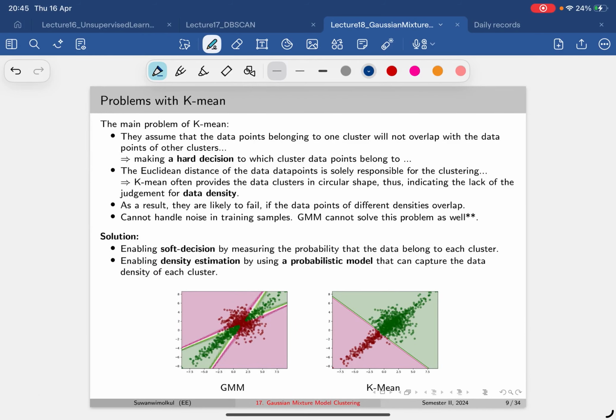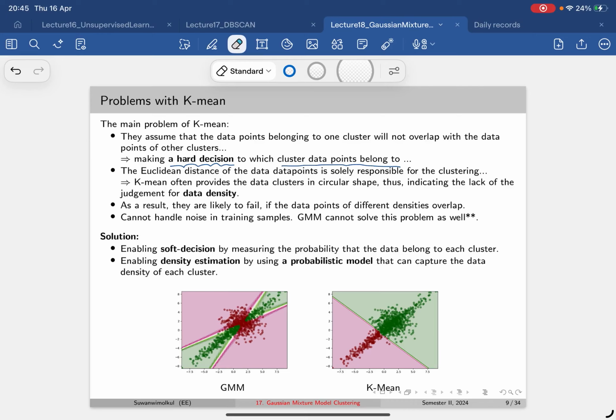We will go over that in a moment. But before we move on, let's recap the problems with K-means. First, the K-means algorithm makes a hard decision about which cluster a data point belongs to. The Gaussian Mixture Model is the opposite. It makes a soft decision, which means that the assignment of which cluster the data belong to is in probability.